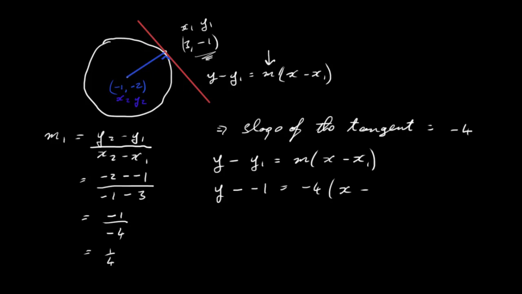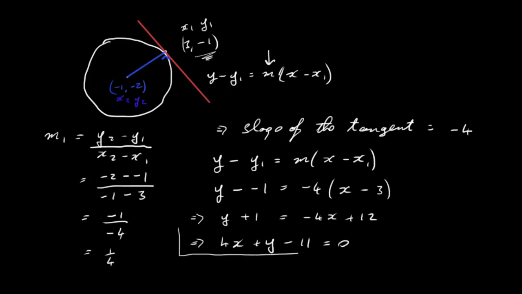And then we have x minus, our x coordinate is 3. So we end up here with y plus 1 is equal to minus 4x plus 12. Bring everything over to one side, so we have 4x plus y minus 11 equal to 0. This here is the equation of the tangent to our circle at the point (3, -1).